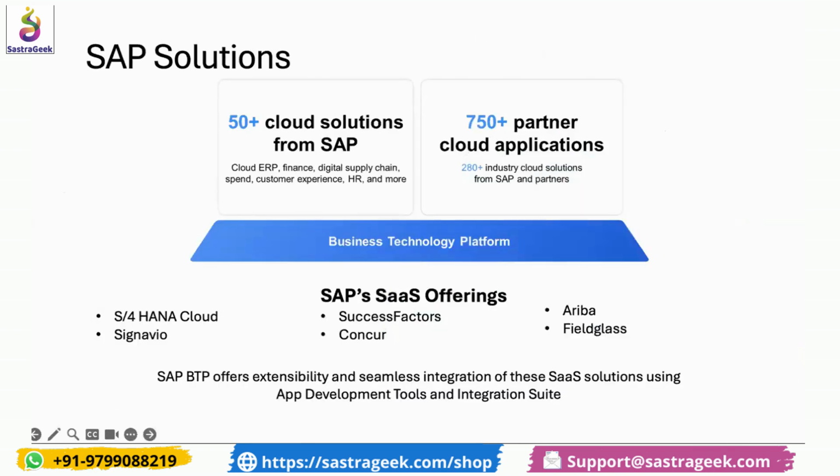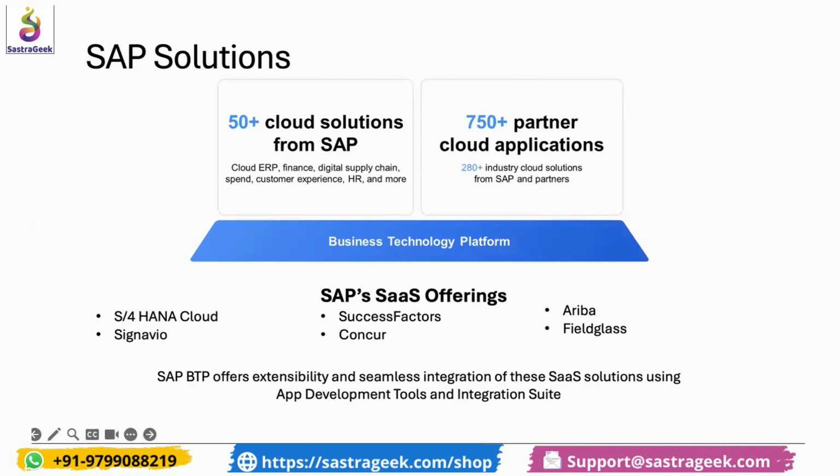The different lines of business, we already know about them. The core ones being logistics, FI, HR, the customer experience, all those. But SAP also offers SaaS solutions. That is the S/4HANA Cloud, Signavio, SuccessFactors, Concur, Ariba, Fieldglass.